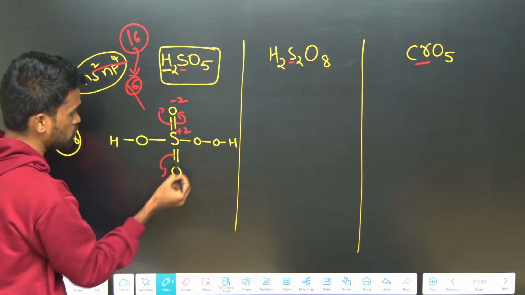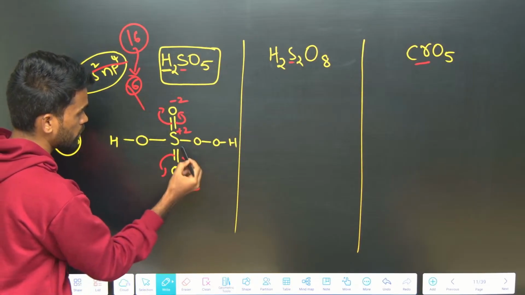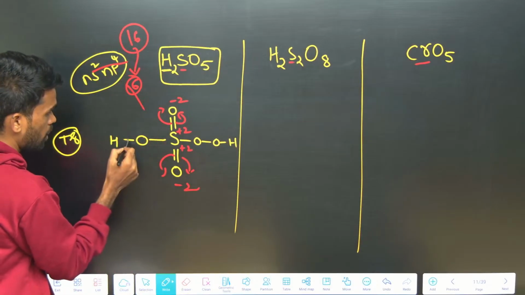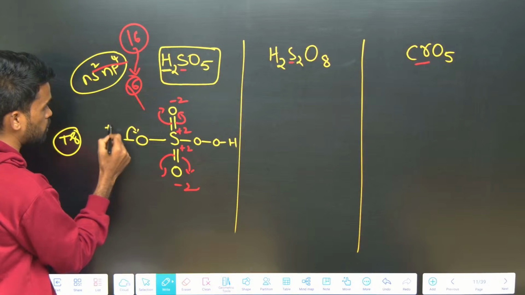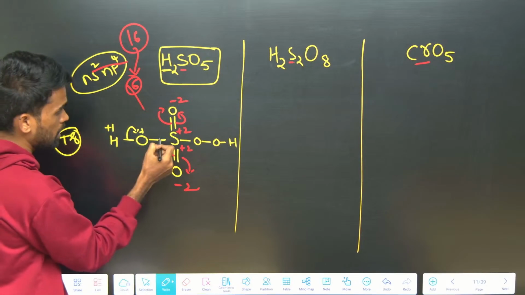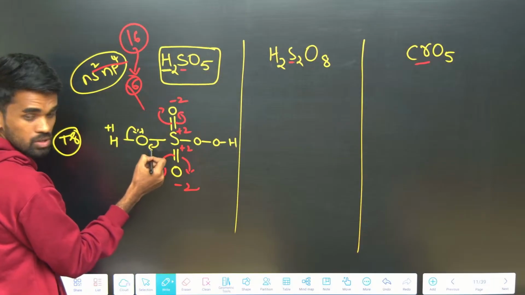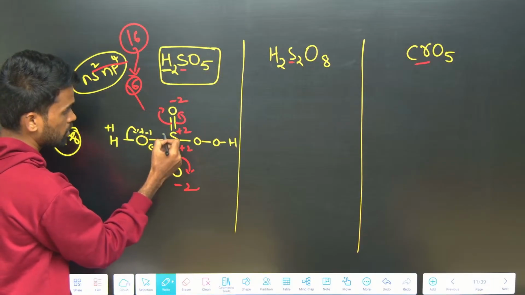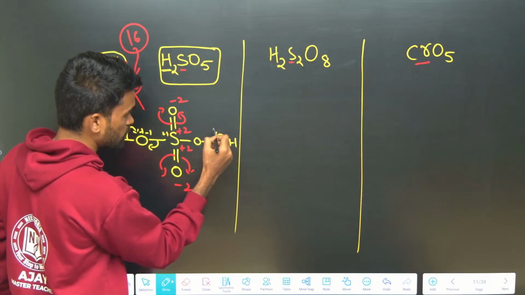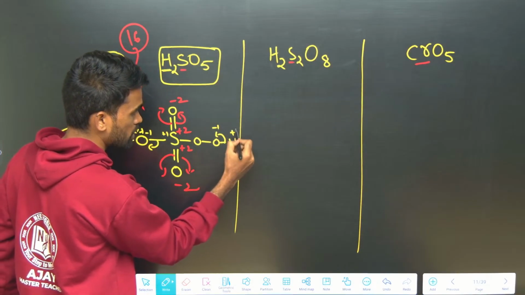Similarly, downside also, this will be -2, here it will be +2. And with respect to this bond, oxygen will take bonded electrons, so +1 here, -1 with respect to this one, and here also it will be taken by oxygen, so -1 here, +1 this side. This side also oxygen will take this bond, so +1 for hydrogen.